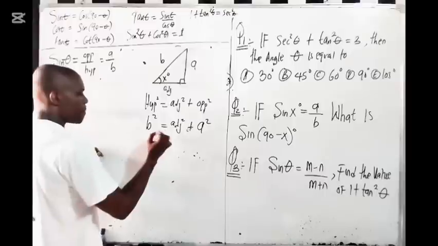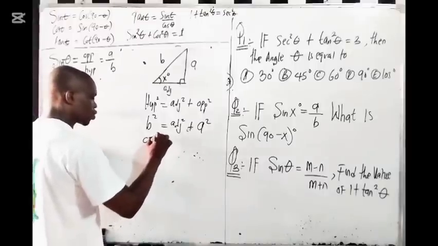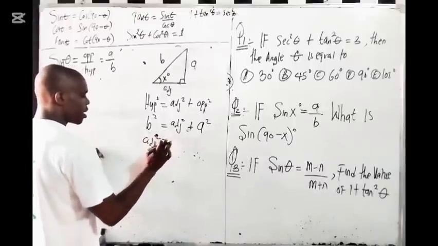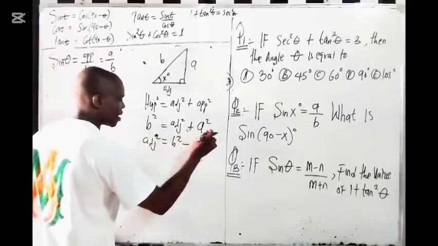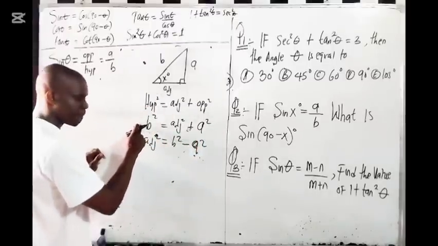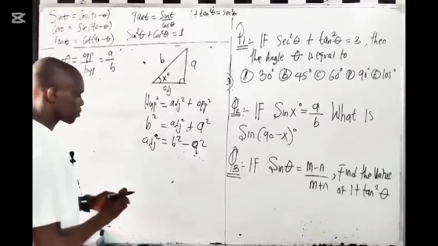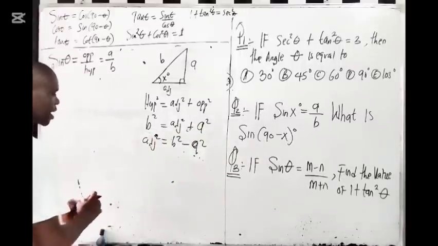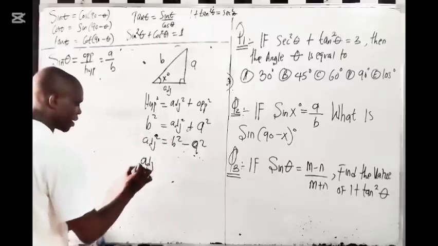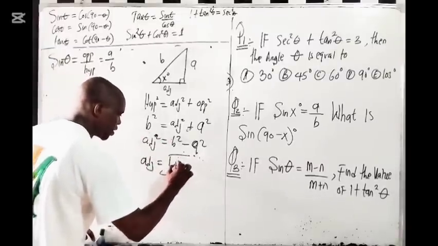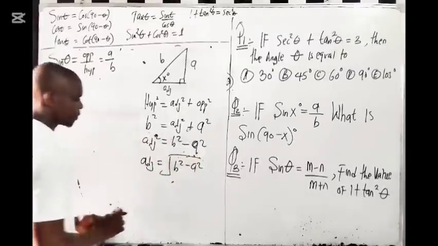If you make it the subject of the formula, my adjacent square equals B square minus A square, like I used to do outside here. Take the square root of both sides to remove the square, so the adjacent is the square root of B square minus A square.